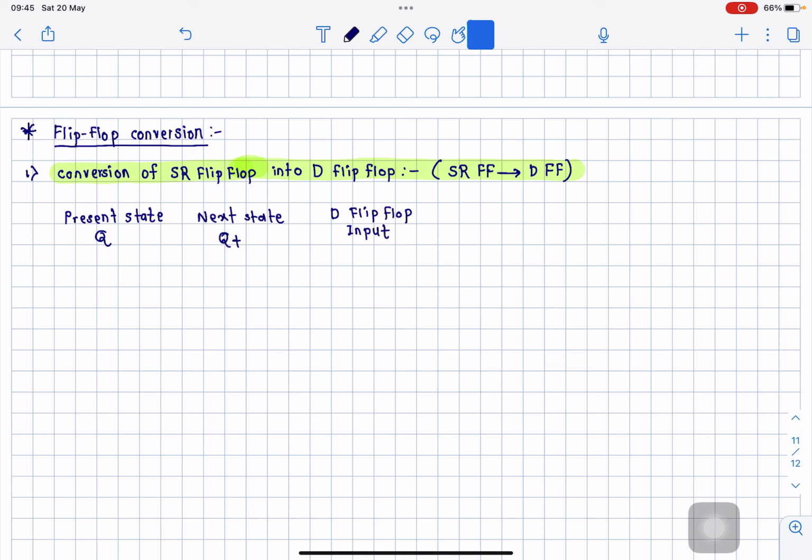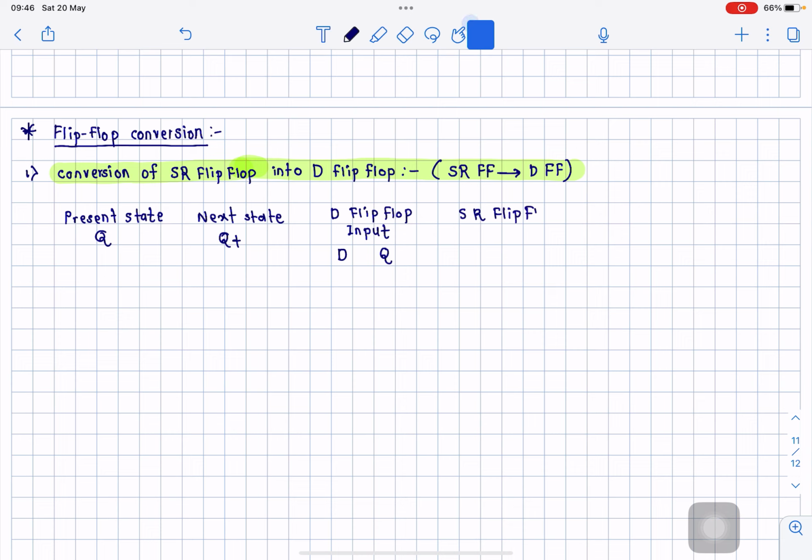We know that a D flip-flop has only one input, the data input, right? Along with the D input, we will take the present state of the flip-flop also, that is Q. Then the flip-flop which we want to convert from, that is the SR flip-flop, we will write its inputs in the last column. So here I will write SR flip-flop.